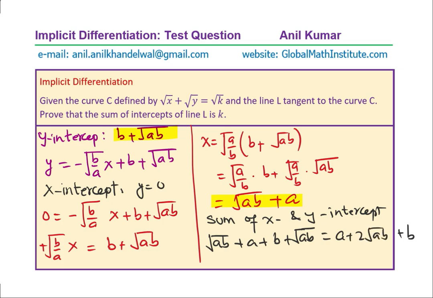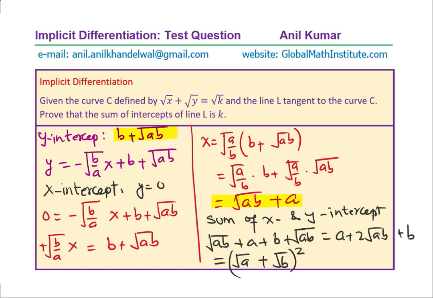So that is what it is. You could write this as square root of a plus square root of b, whole square.